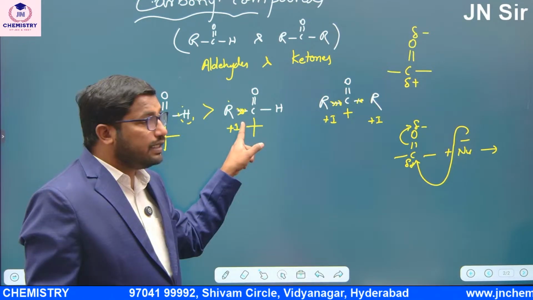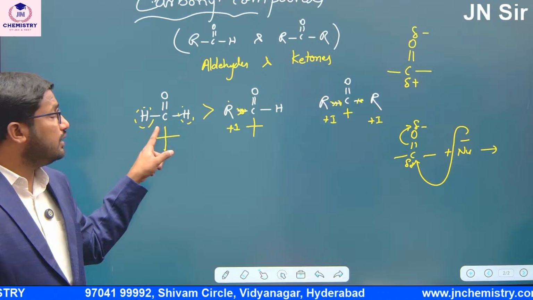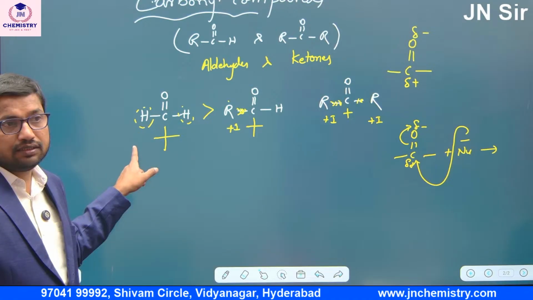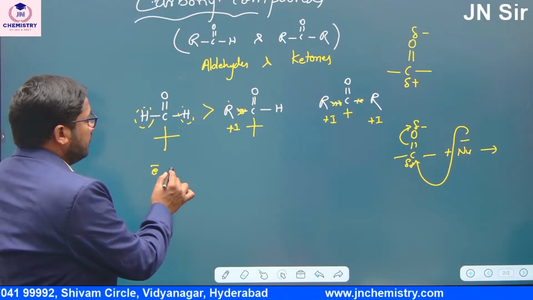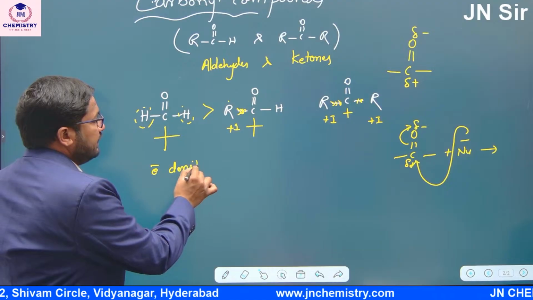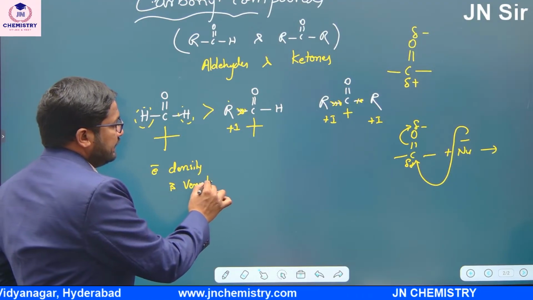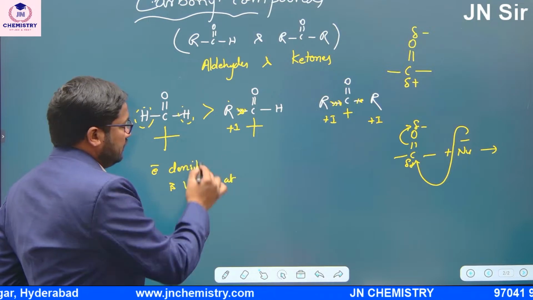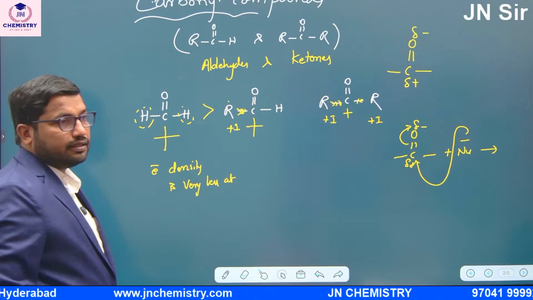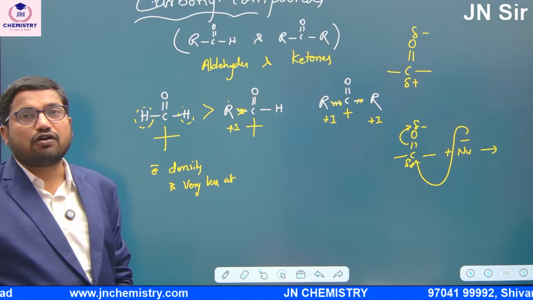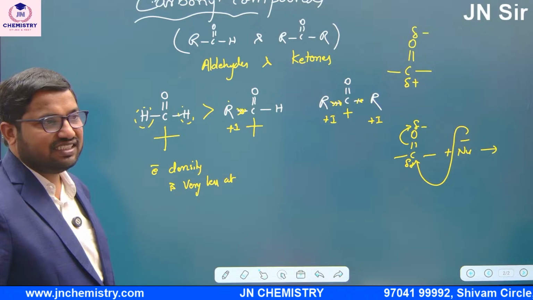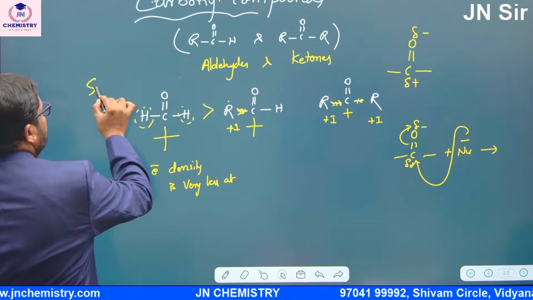Here the electron density is somewhat less, and at formaldehyde the electron density is very less. So generally formaldehyde is called a superaldehyde.